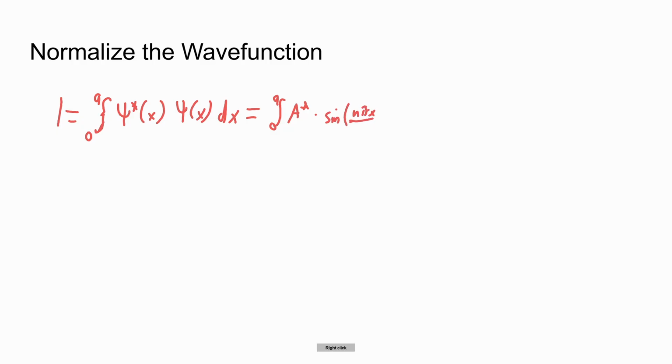We can use the general equation 1 equals the integral from our boundary conditions 0 to a of psi star x times psi of x dx, and by plugging in our wave function that we had, we get the integral from 0 to a of a star times sine of n pi x over a times a sine of n pi x over a.